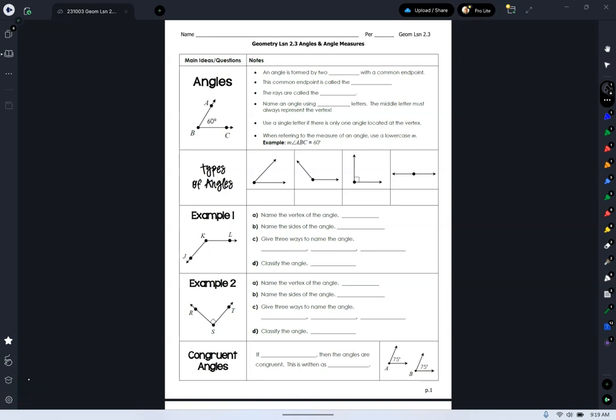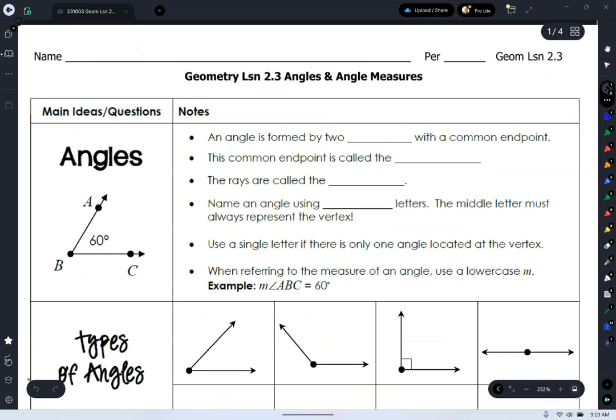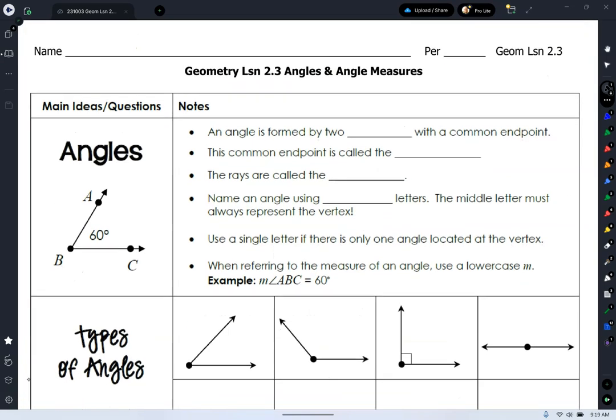Okay. All right, cool. So then, let's talk about this concept of an angle. What is an angle? All right, so an angle is formed by two rays, and really, an angle could be formed by two lines or two segments. And actually, that's not the only way it can be formed, but we'll start with that, okay?